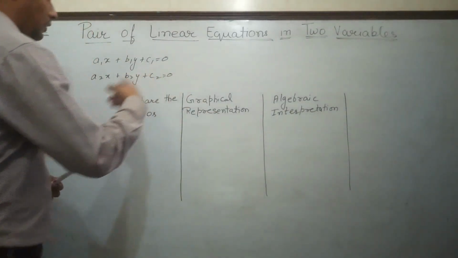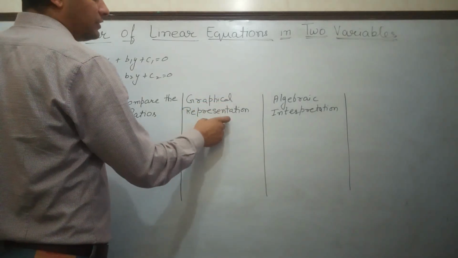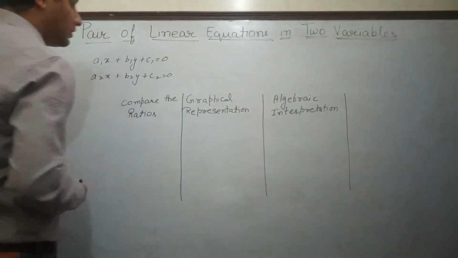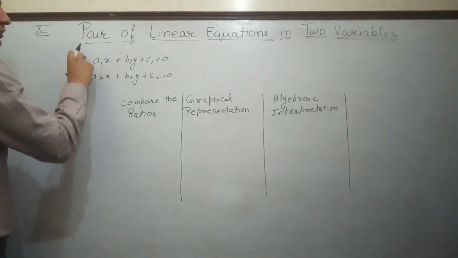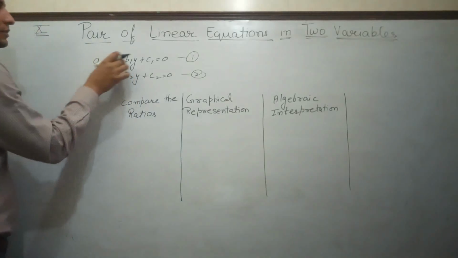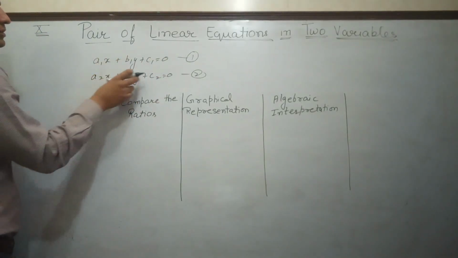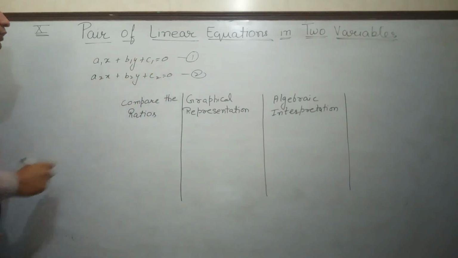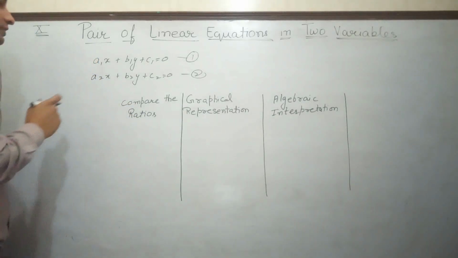Let's draw a table in which we compare the ratio and get graphical representation and algebraic interpretation. Here we have two equations, a1x plus b1y plus c1 is equal to 0 and a2x plus b2y plus c2 is equal to 0. Compare the ratio means we have to compare the ratio of their coefficients.